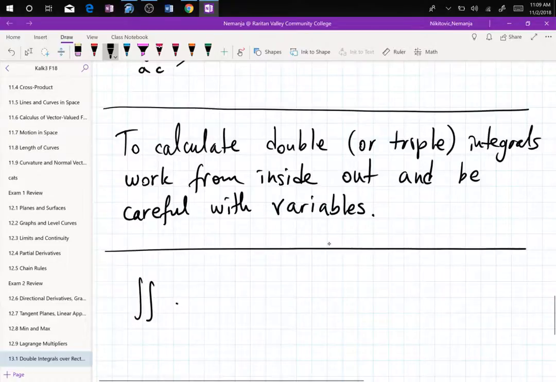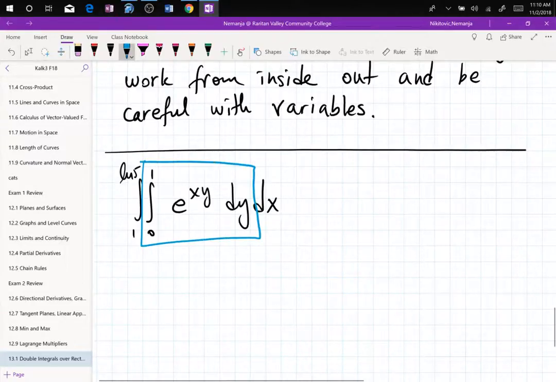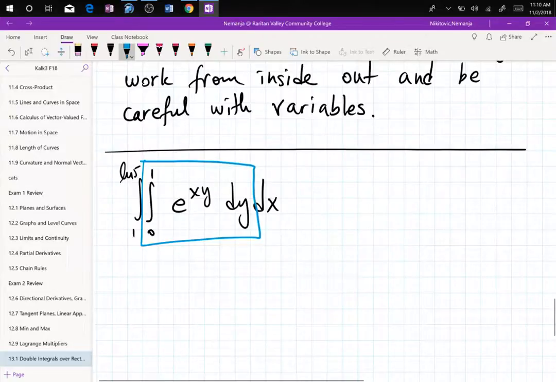Double integral of e to the xy dy dx from 0 to 1 and 1 to ln 5, whatever, doesn't matter. I start by focusing on the inner integral only, completely disregarding that dx exists at all.